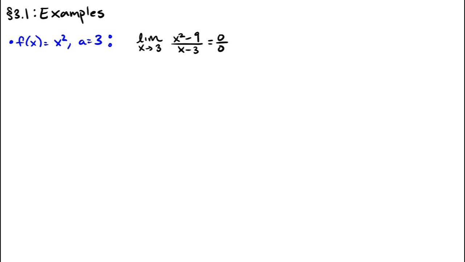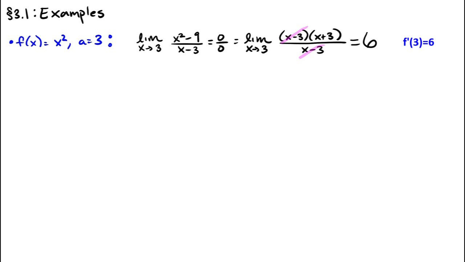And here, since we have a polynomial over a polynomial, and the form is 0 over 0, we want to use factoring. The numerator here is a difference of squares, so factoring pulls out an x minus 3 on top and bottom, leaving just x plus 3, for which substitution gives 6.